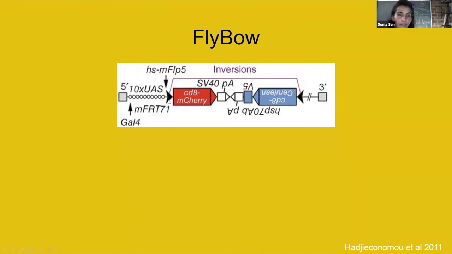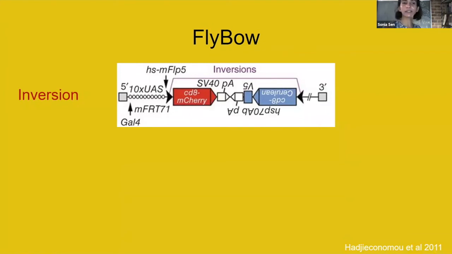But because these two fluorescent proteins are flanked by FRT sites that are not in tandem but are opposing each other, what can result are inversion events. And we haven't spoken about inversion events in experimental clones yet.